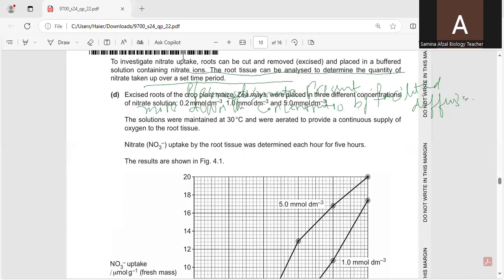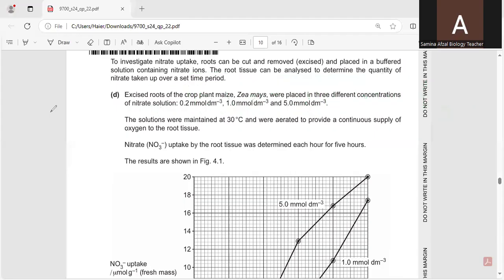Now the next question. To investigate nitrate uptake, roots can be cut and removed and placed in a buffered solution containing nitrate ions. The root tissues can be analyzed to determine the quantity of nitrate taken up over a set period of time.